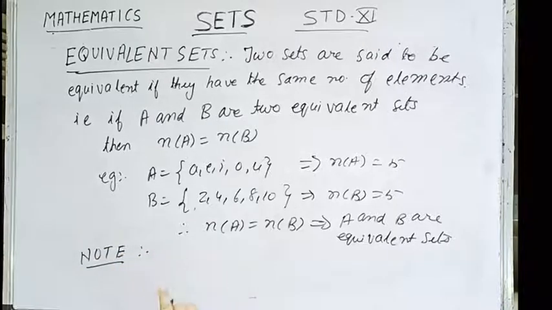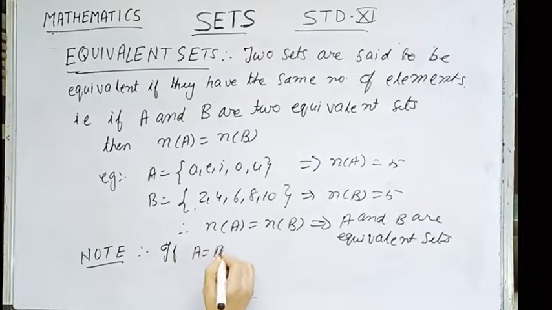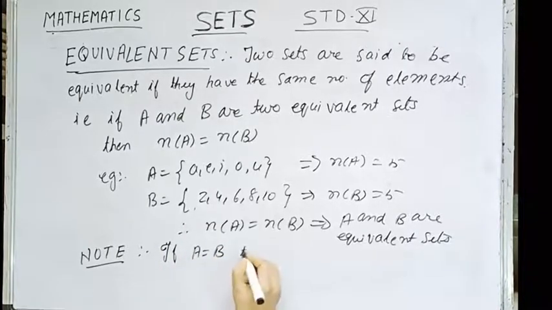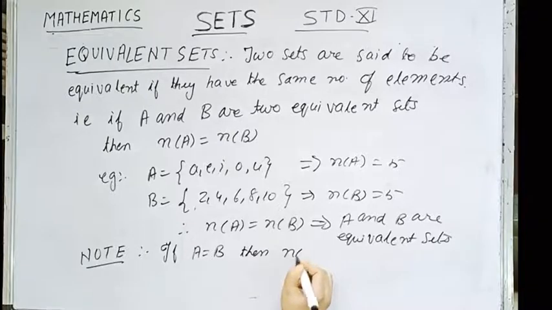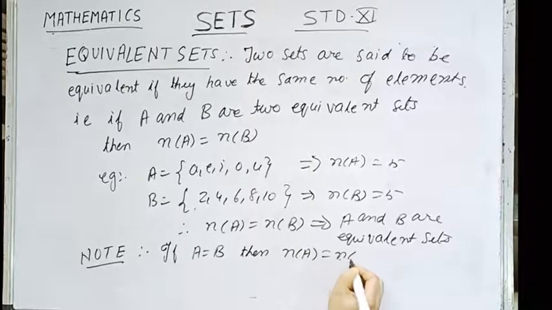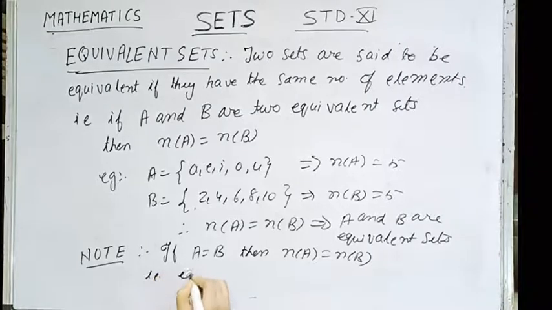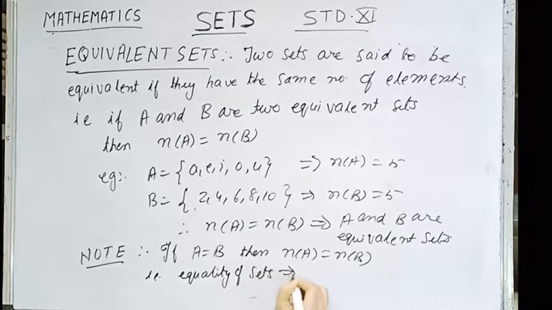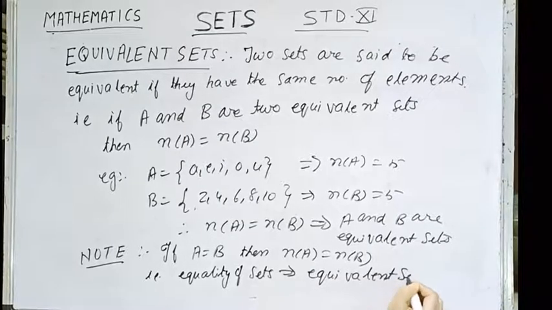So one note we can write, children: if two sets are equal, that is if A equals B, then n(A) equals n(B). That is, equality of sets implies equivalent sets.